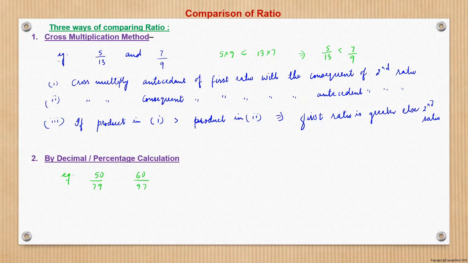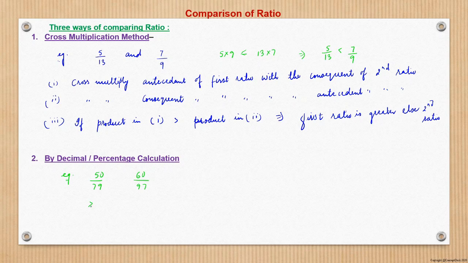So what is the case here? Now see, we will try to convert this into very broad percentage terms. So 50 by 79, what is the nearest percentage of this? If you assume the denominator to be 80, 60% of 80 is 48, right?